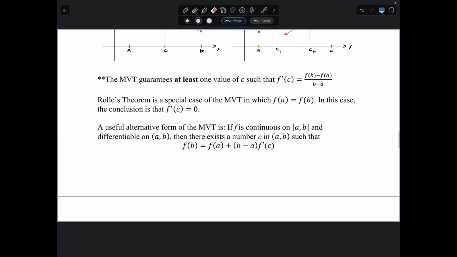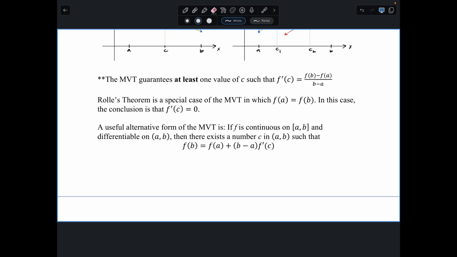And this is an alternate form. I don't know if I would say it's useful to you at this point. I was trying to remember where this would come up again. Hopefully you can see, if you multiply by b minus a on each side of this equation, which has to be true for the mean value theorem, and then add f of a to each side, it just manipulates this statement.